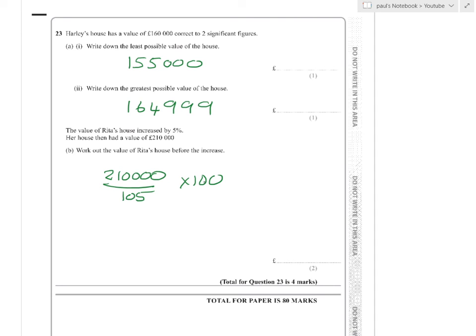So £210,000 divided by 105 and then multiply that by 100 and we get £200,000.